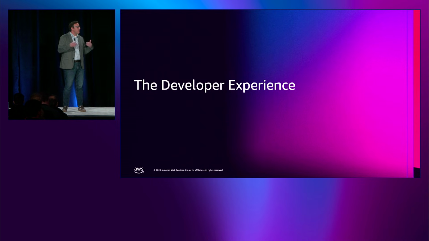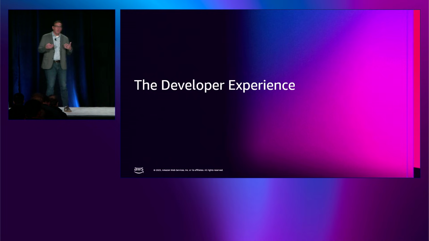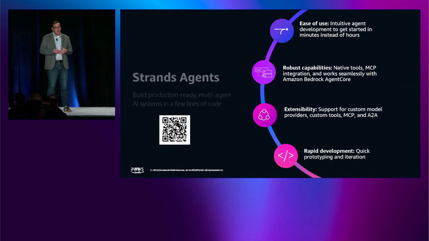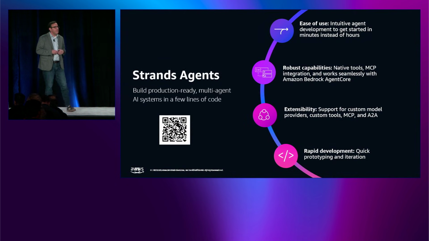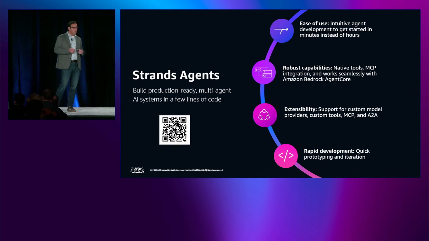We started to build some tools to abstract that complexity, to remove that friction for our developers that were building these agents, because we needed to move quickly. Last year, we released all of this to open source as Strands Agents SDK.